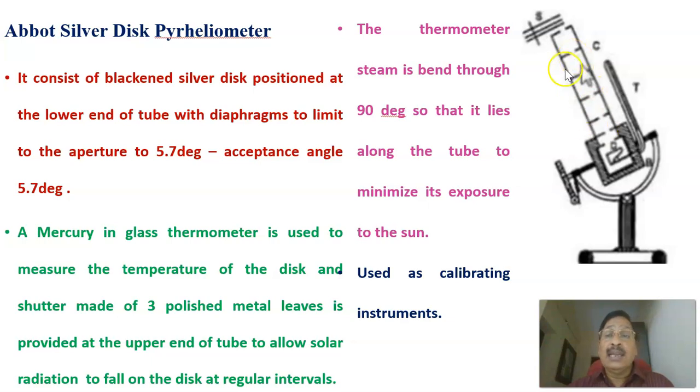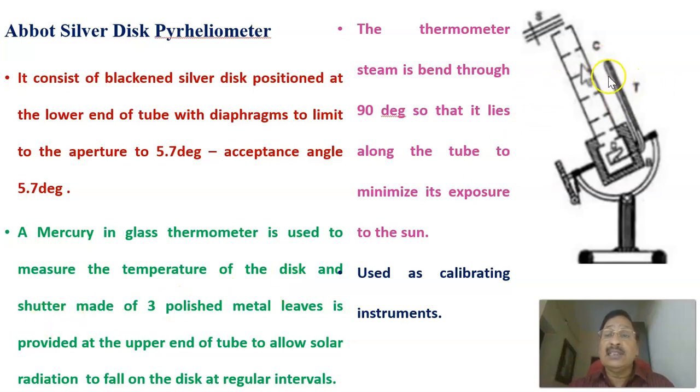The direct beam falls on the blackened silver disc, and the temperature of that blackened surface increases. That increase in temperature is measured using a mercury-in-glass thermometer, which measures the temperature of the disc.